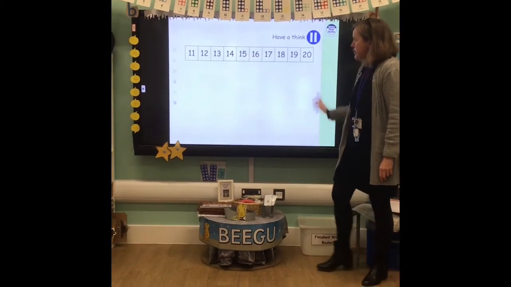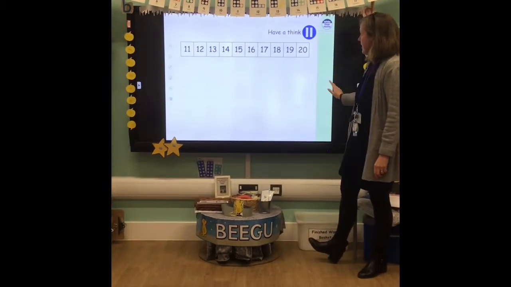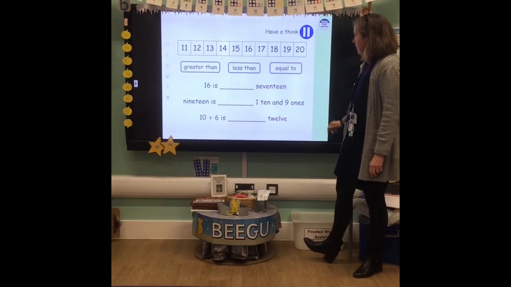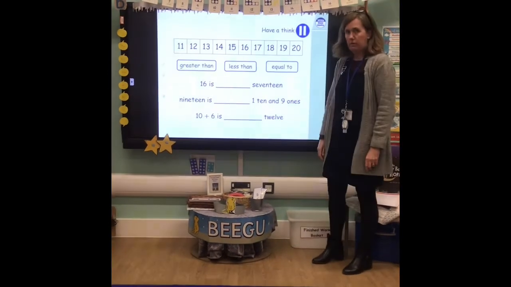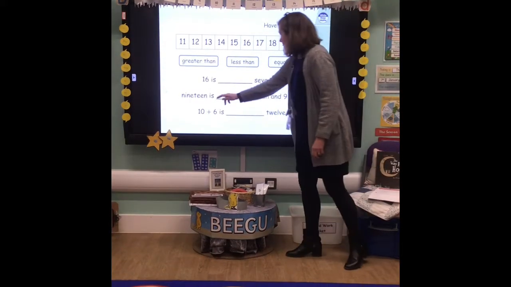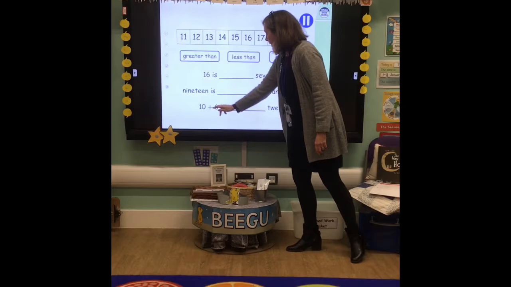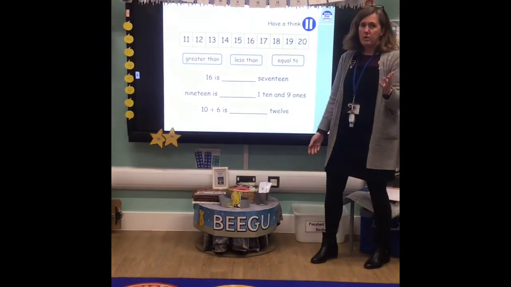So this is a number line. This is going to help us with our next activity. So 16 is what? 19 is what? And 10 add 6 is what? So I know that Wagtails know this song.